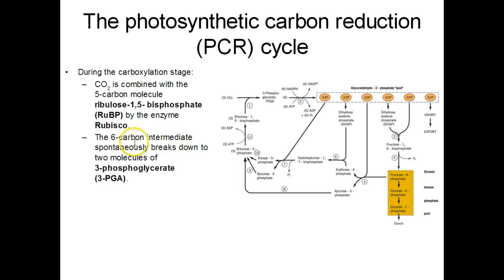Well, when CO2 and RuBP are added, it produces, for just a length of time, a very unstable 6-carbon compound. And then as soon as this 6-carbon compound is produced, it's so unstable it breaks down to two 3-carbons. And that was the big question.